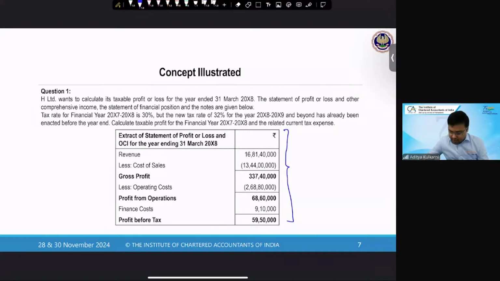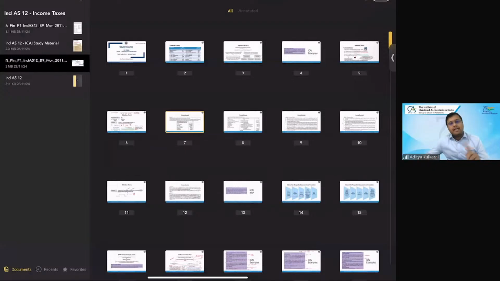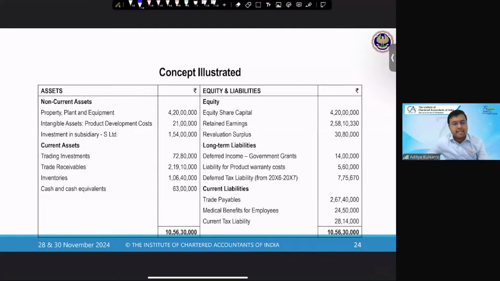In illustration 4, you are given the balance sheet. Only changes, we got the current tax expense of 28,14,000 there. That is adjusted here, and that has come here as current liabilities. The balance sheet is a bit upside down, assets on the left, liabilities on the right. It should be the opposite. Don't look at it as if sir has made up something. Sir has done this to explain tax implications to you. That's it.